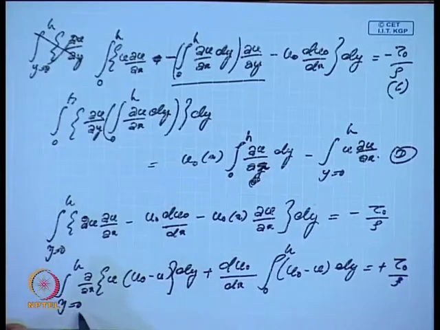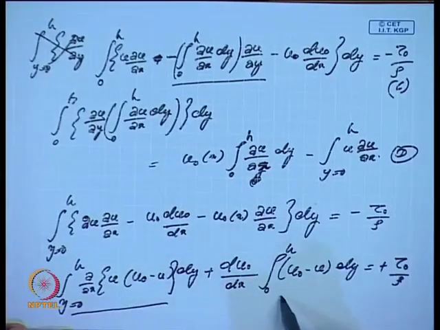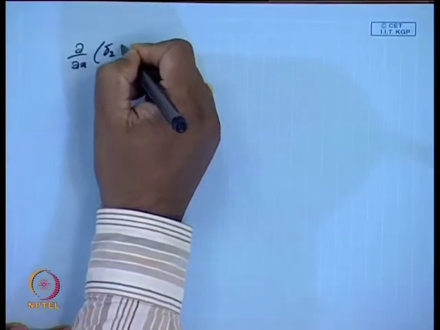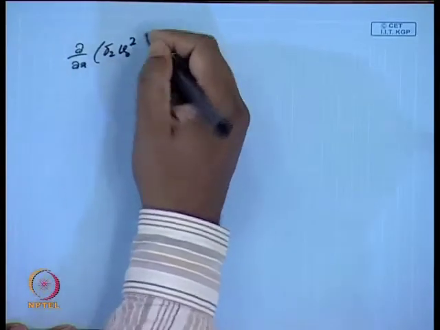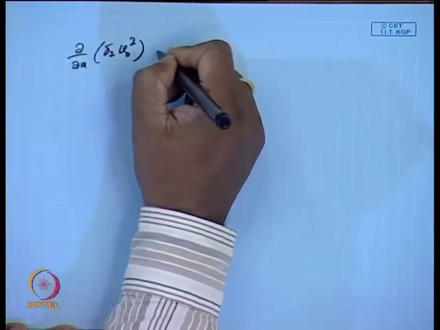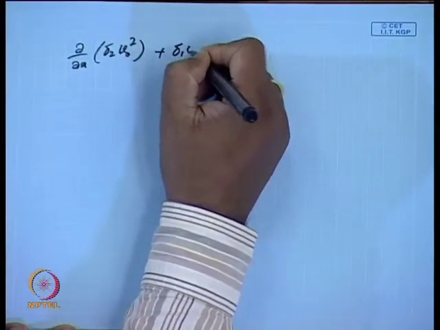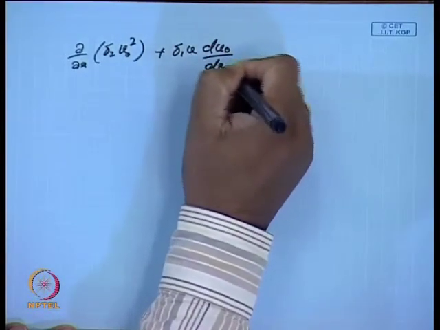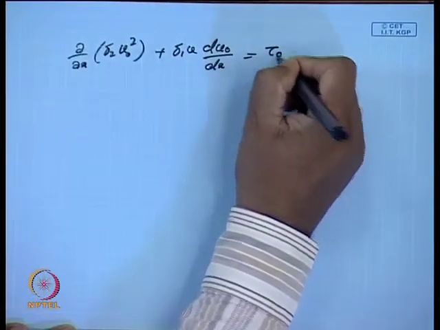And this equation, if I now apply the definition of the displacement thickness, this equation will give me del by del x of del 2 u naught square plus delta 1 u into du naught by dx equal to tau naught by rho.